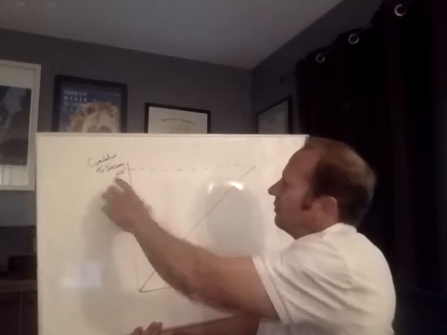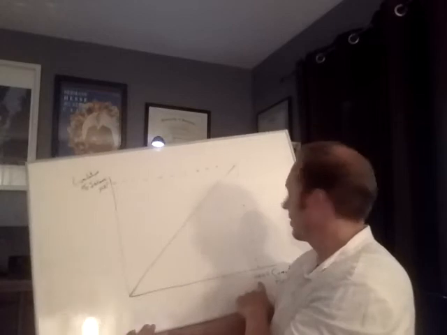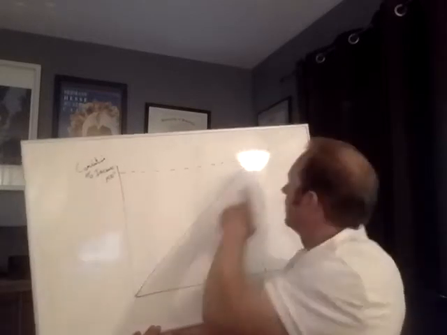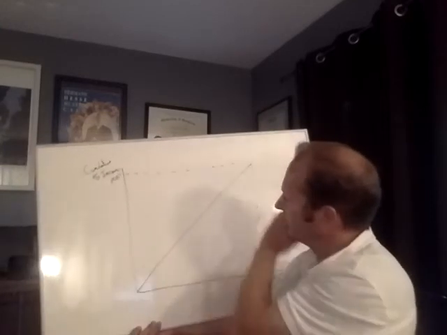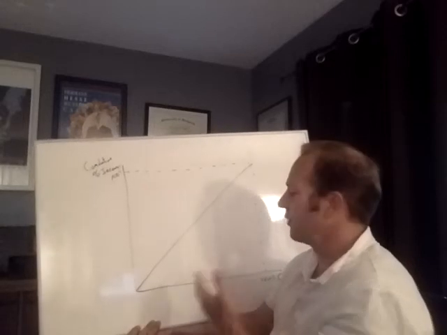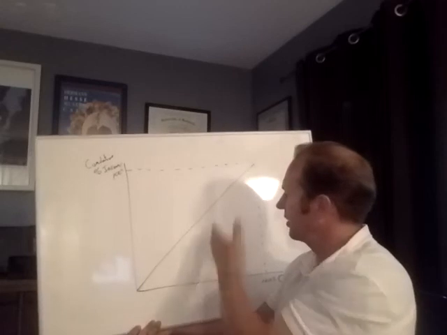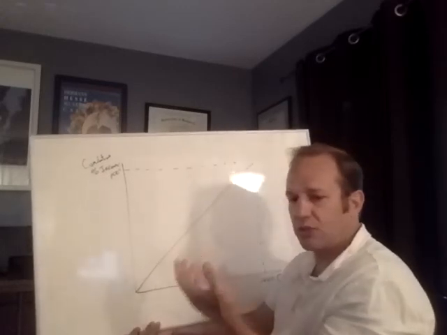So by the way we've set things up here, 100% of the households in an economy must be making 100% of the income. So that's a certainty, and that's basically our box. And what we have at this 45-degree line would represent perfect equality, where 20% of the population was making 20% of the income and 50% of the population was making 50% of the income. But in actuality, it doesn't work that way.